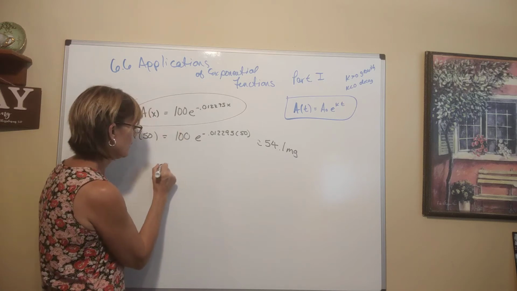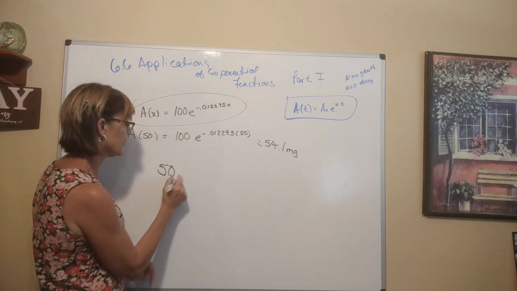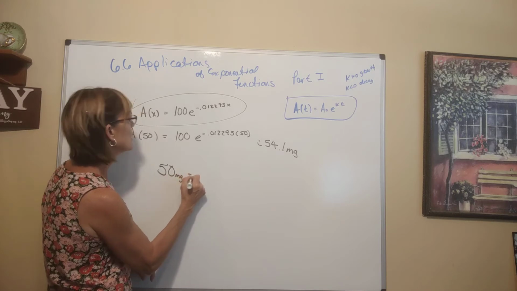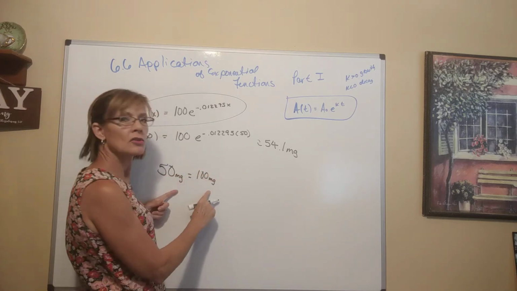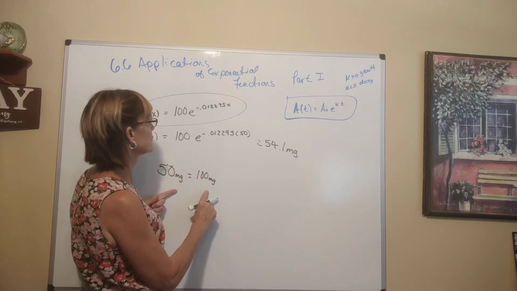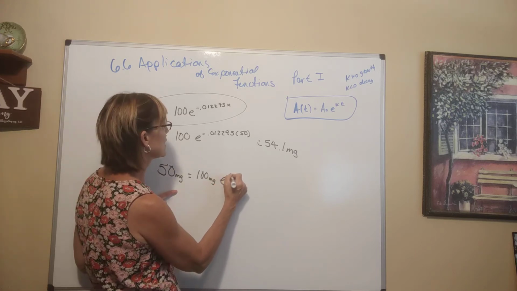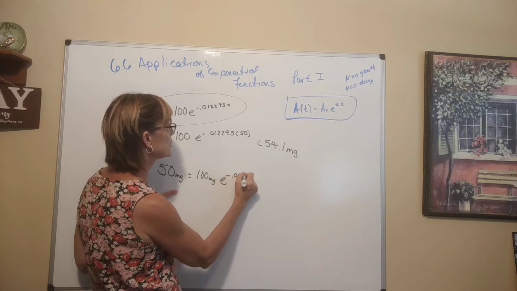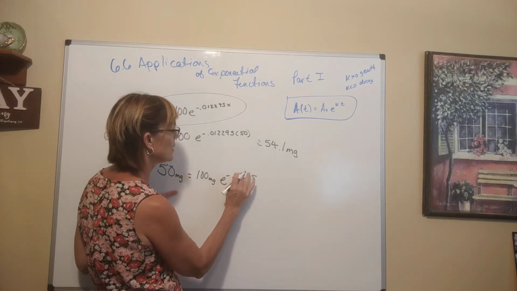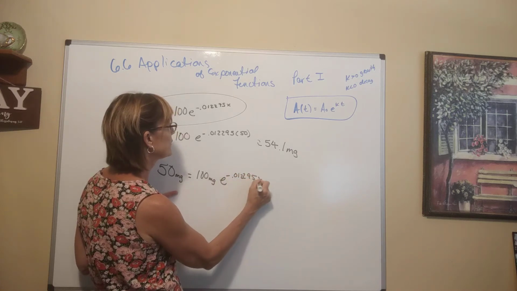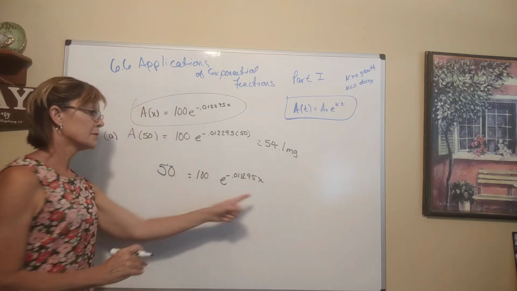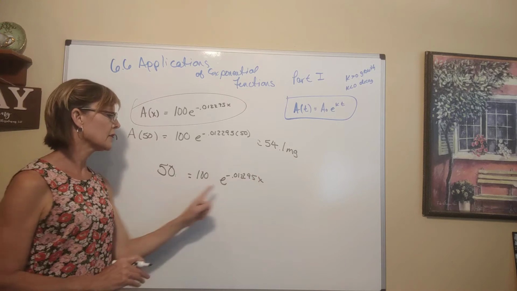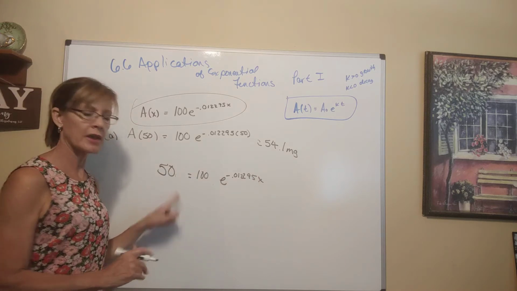So 50 milligrams, which is how much we want to have, is equal to 100 milligrams, and you don't have to write the units, I'm just emphasizing this is what we're interested in, times e to the negative 0.012295 times x. This is how I'm setting this up. I'm solving for x.